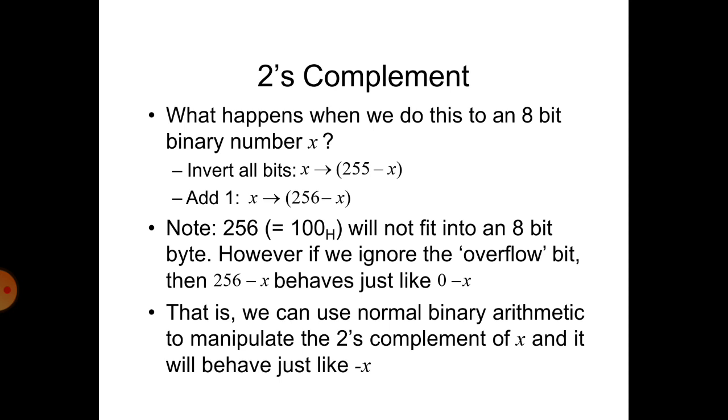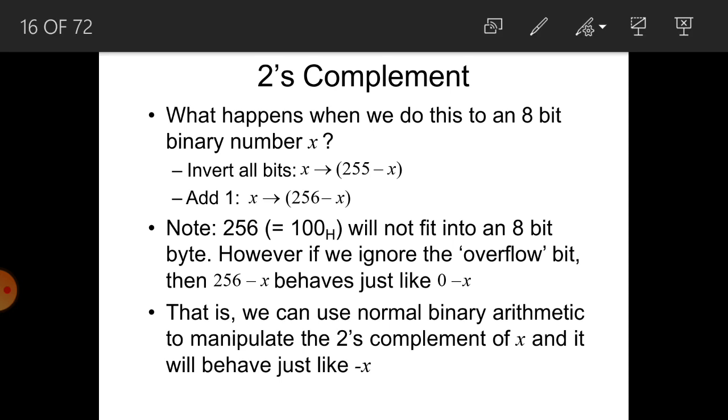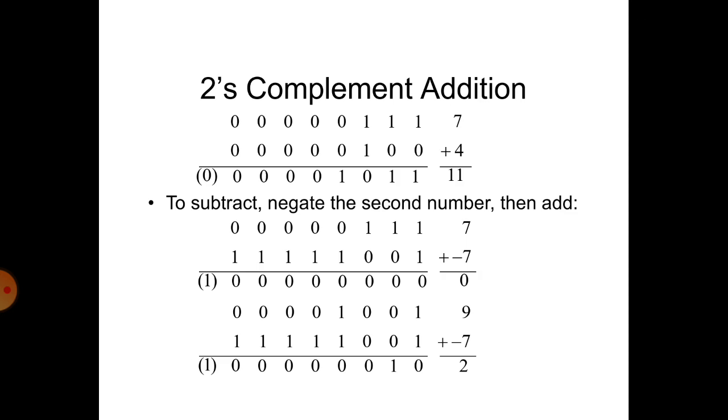However, if we ignore the overflow, then 256 behaves just like 0. That is, we can use normal binary arithmetic to manipulate the 2's complement of x, and it will behave just like minus x. So this is 2's complement addition.